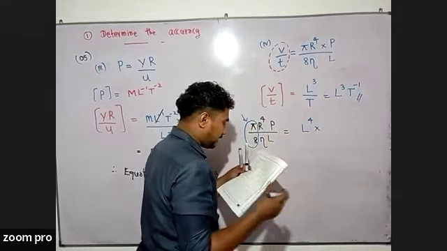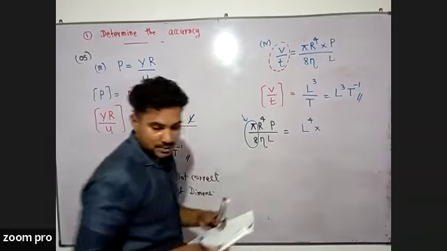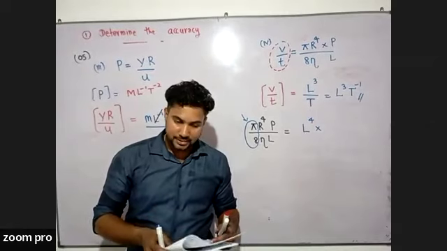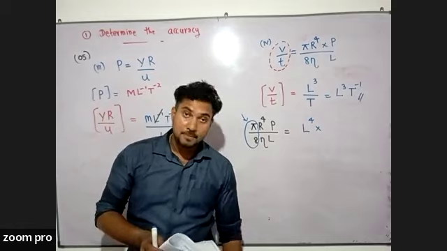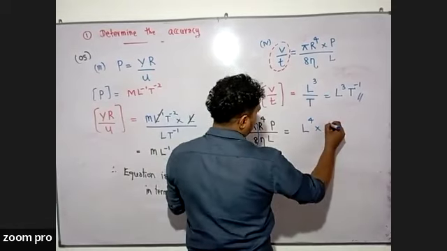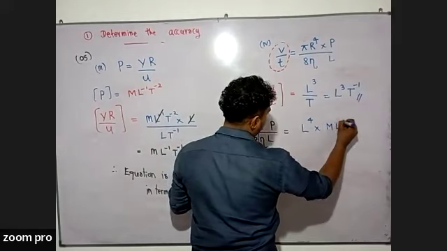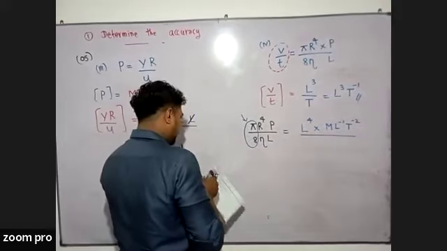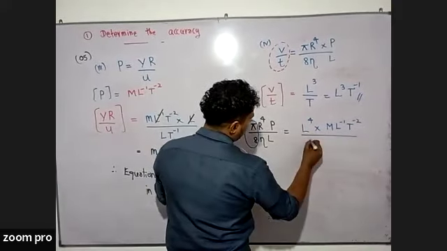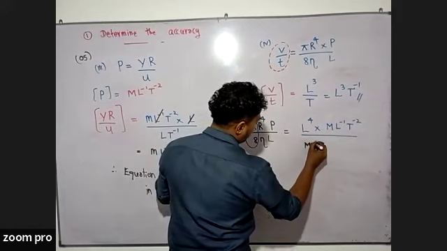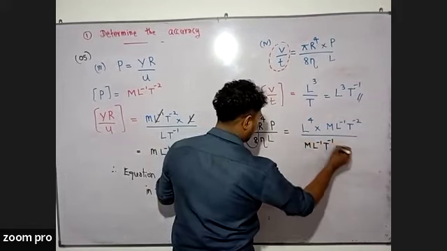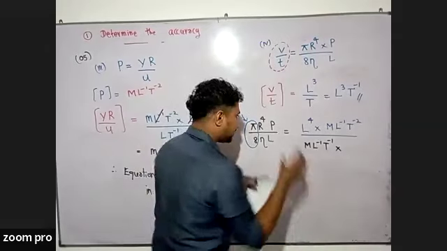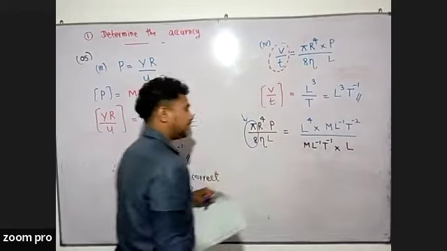There's a small mistake in this question, because P is not defined. So guys, P represents the pressure, right? Now the dimensions of pressure should be ML^-1 T^-2 over the dimensions of eta, which is ML^-1 T^-1, into l. Here l represents the length, so as the symbol, the dimension is also L, right?